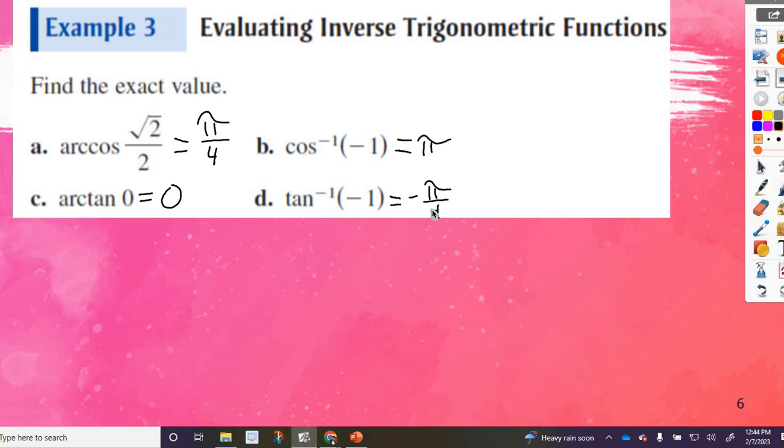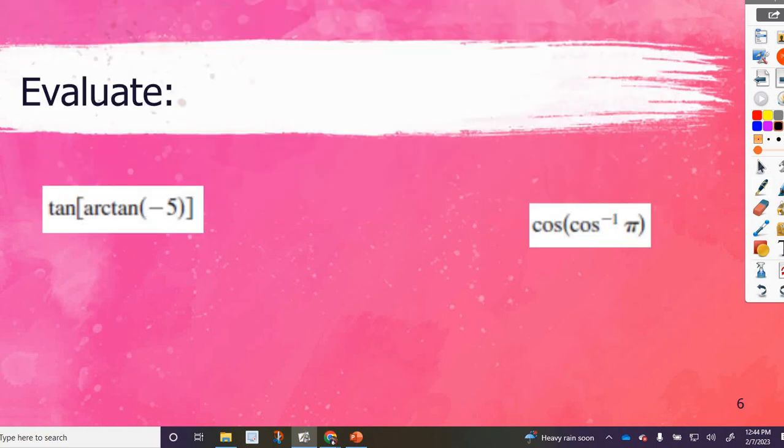Questions about any of this? Or inverses so far? Okay. What is tangent of arctangent of -5?